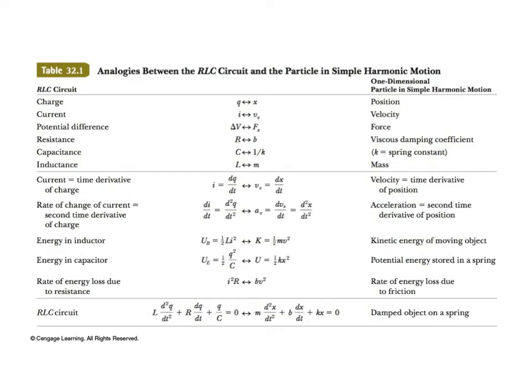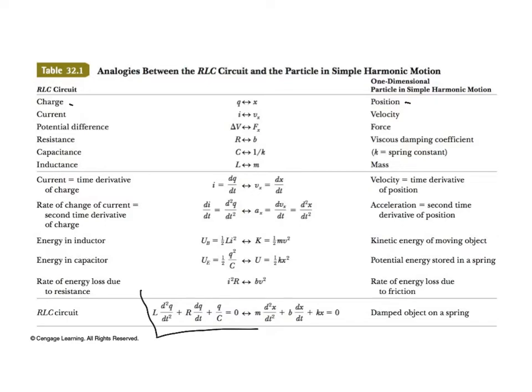Because these are similar types of differential equations, you can actually talk about analogies between the RLC circuit and a particle in simple harmonic motion, right? The charge is like the position, current is like velocity, and on and on.